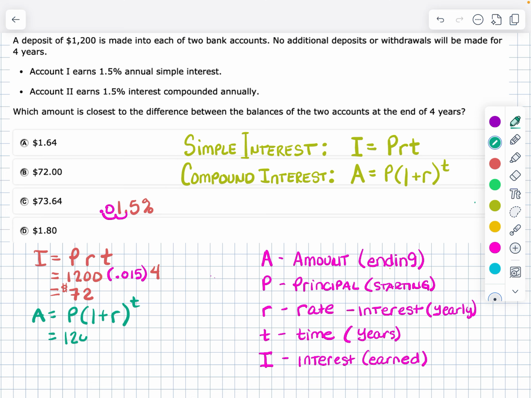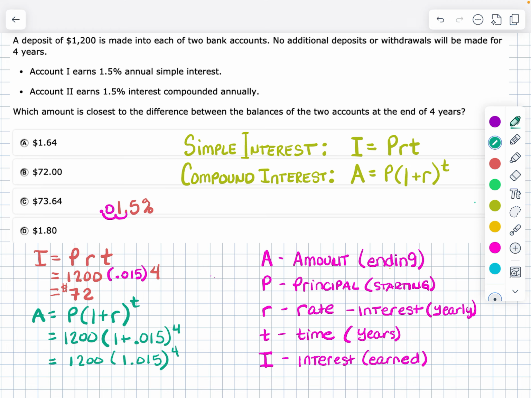Our principal is $1,200, and then we have 1 plus the interest rate, again, 0.015, and it's going to be raised to the power of 4 because that's the amount of time that it's sitting in the bank. So this is going to be 1,200 times 1.015, just adding those together, to the power of 4.